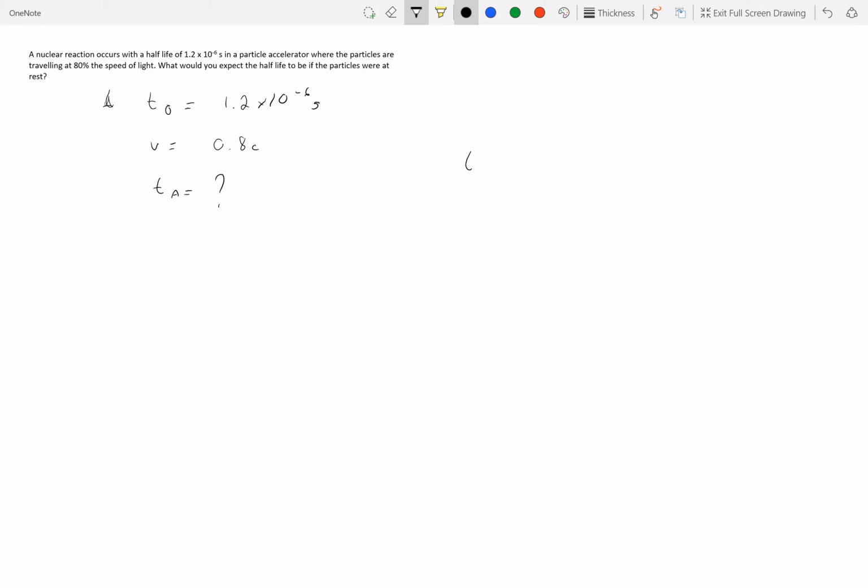The equation here is that the actual time is going to be equal to the observed time times that factor.